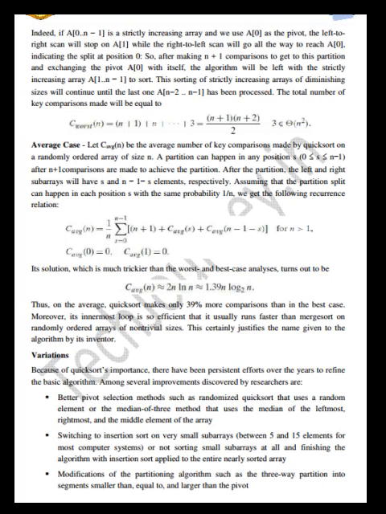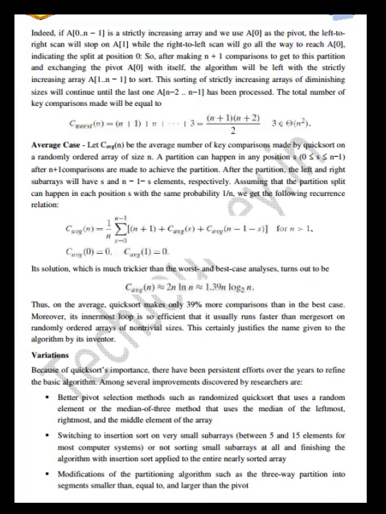Because of quicksort's importance, there have been persistent efforts over the years to refine the basic algorithm. Among several improvements discovered by researchers are better pivot selection methods, such as randomized quicksort that uses a random element, or the median of three method that uses the median of the leftmost, rightmost and middle element of the array.